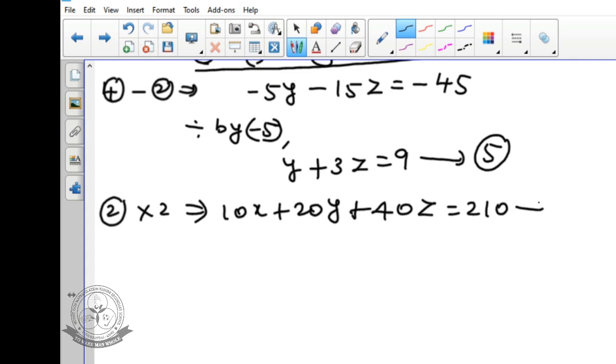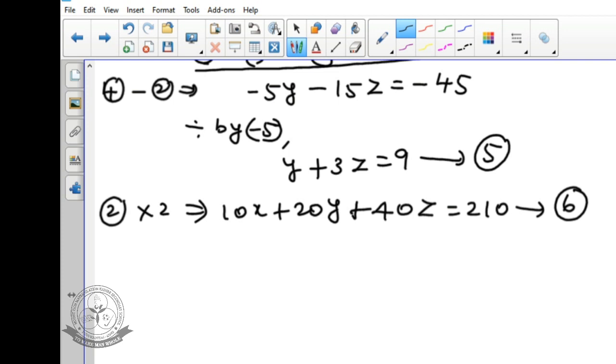So this is equation number 6. Next we have to solve equations 5 and 6.